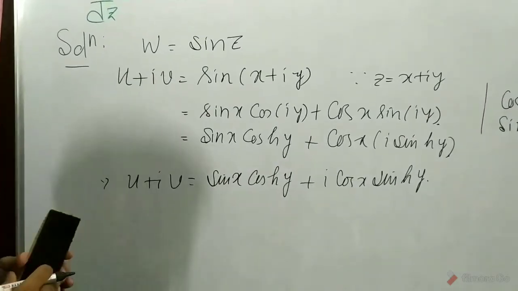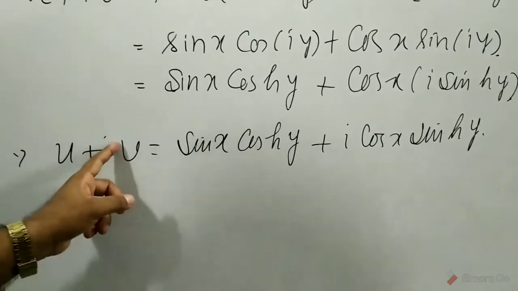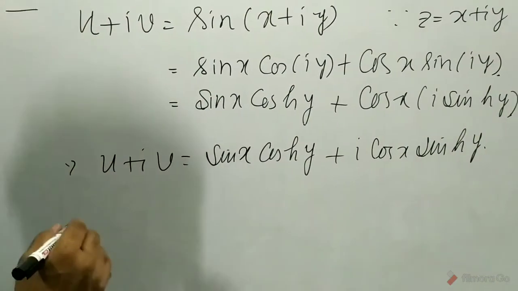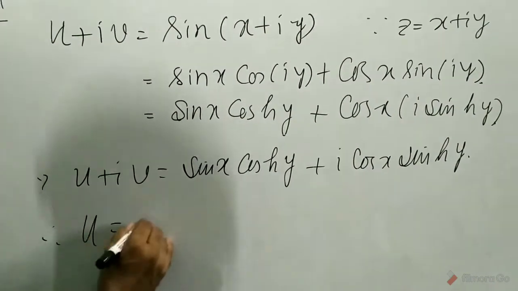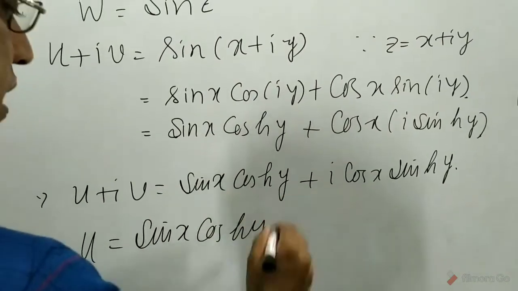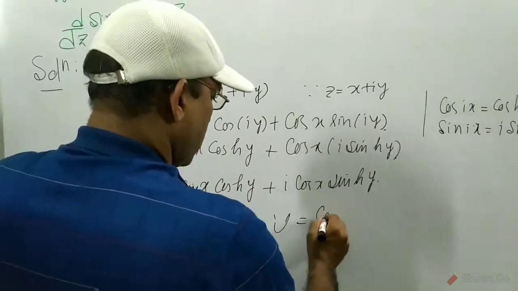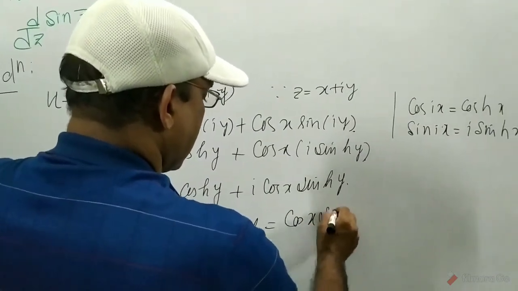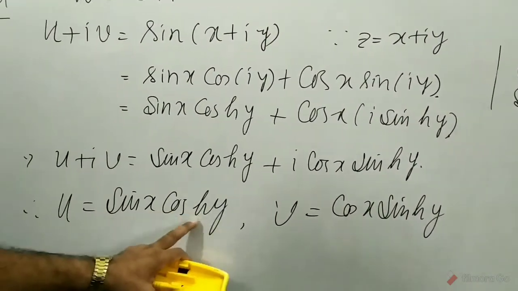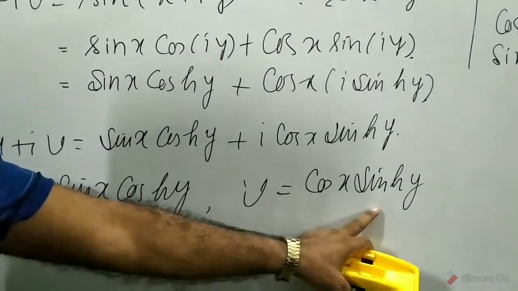Equating real and imaginary parts, u is the real part and v is the imaginary part, so we get u equal to sin x cos hyperbolic y, and v equal to cos x sin hyperbolic y.